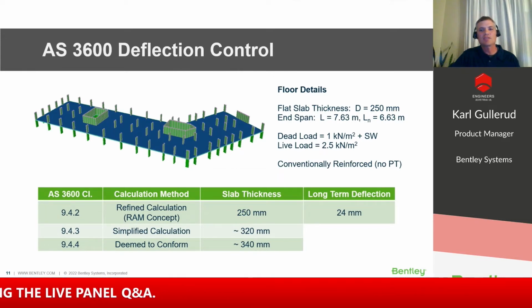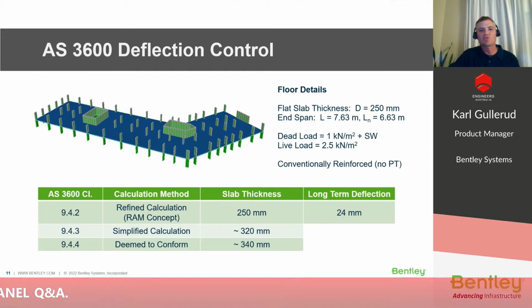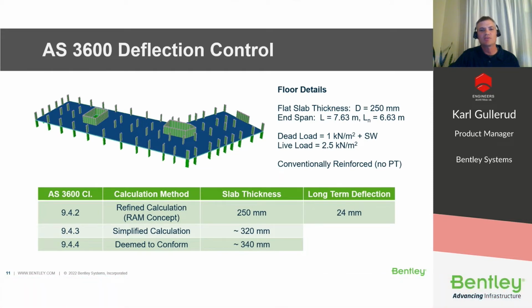In this case, we see slab thickness reductions of 20 to 25% using the more refined calculation method. Using the advanced calculation for this slab would save between 110 to 150 cubic meters of concrete per floor. That savings would also result in calculated embodied carbon reductions, which would be an added benefit of the refined calculation.